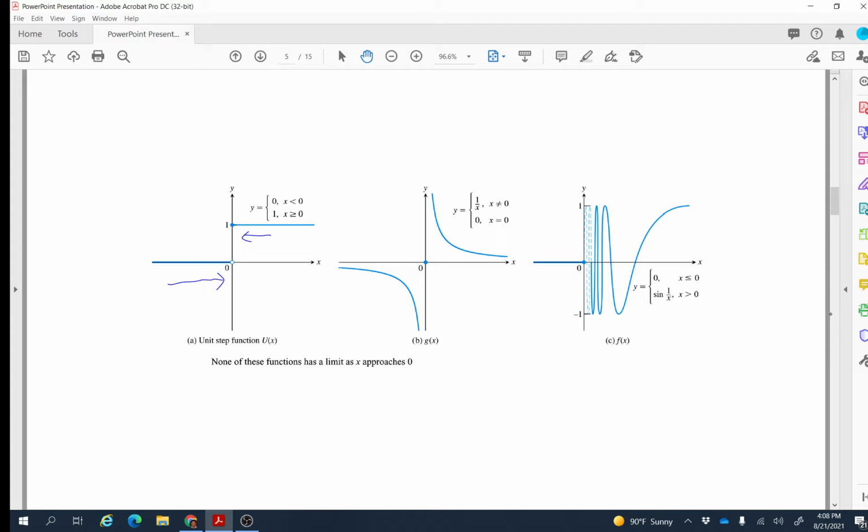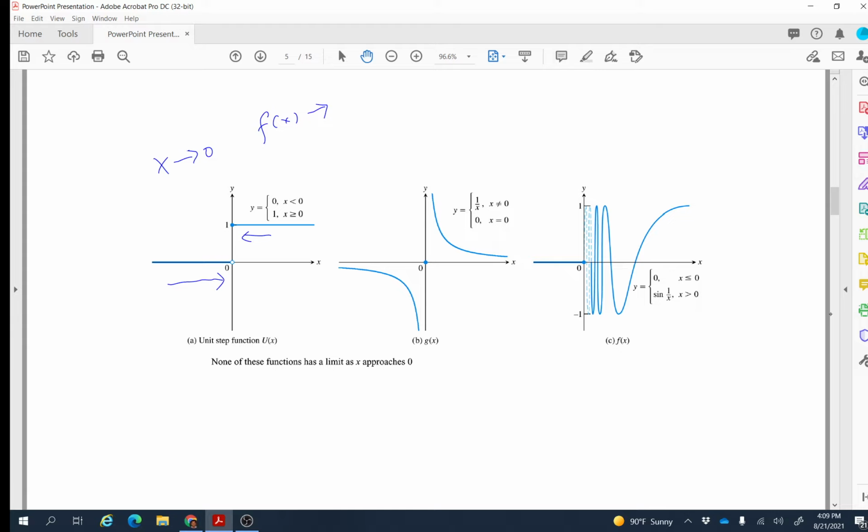Because they are approaching two different values, we say the limit of the function is not possible. So the limit when x approaches 0 for this particular graph is not possible.